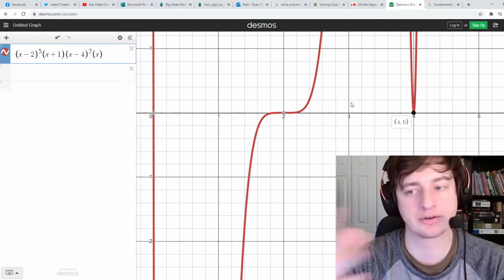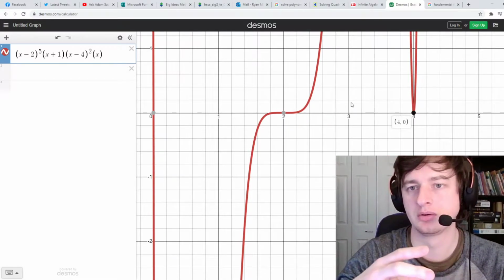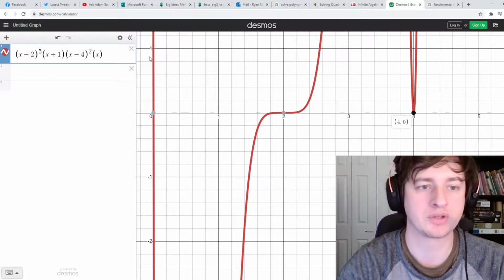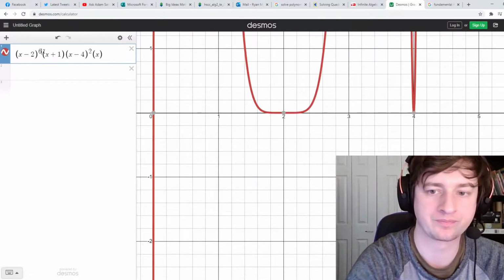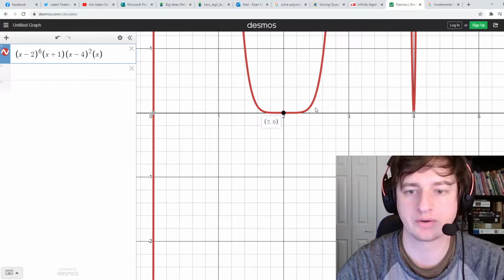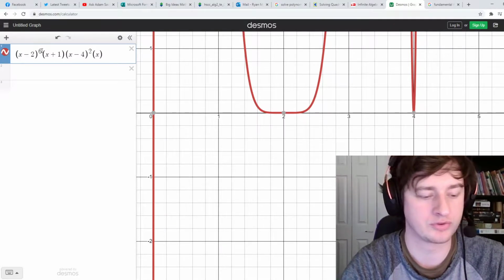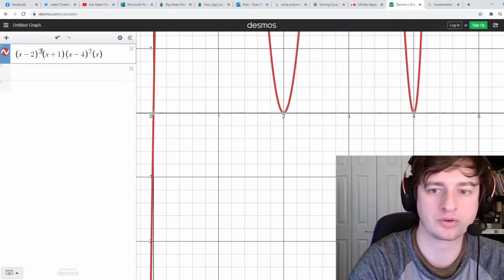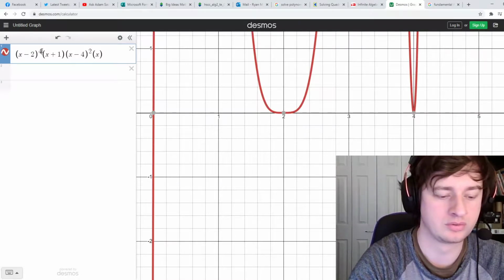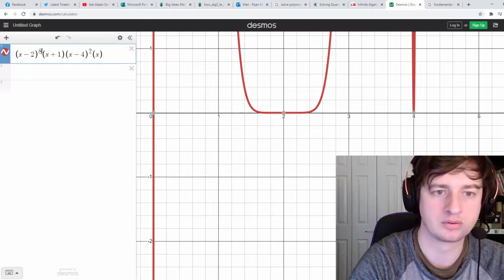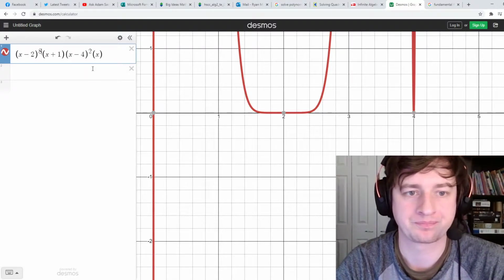But the higher degree ones will look wider. So like if I put a 6 here, notice how it's getting wider every time. It's like stretching. Versus a 4 or a 2 or even an 8.